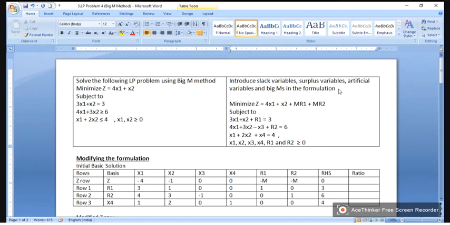So how can we make left hand side equal to right hand side? 12 minus 2 is equal to 10. So 2 is called as surplus. Have you got it?